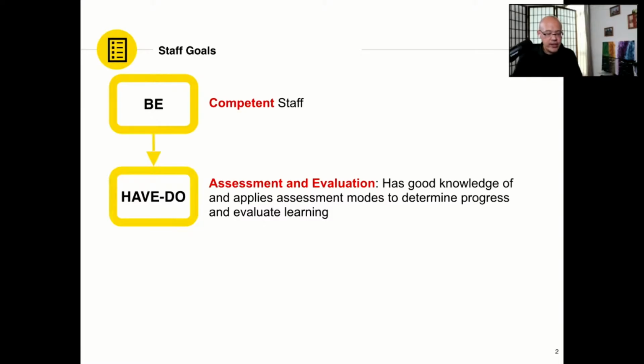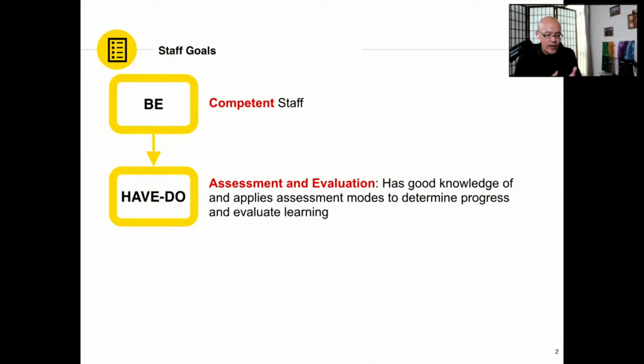And this is where we can say, a competent staff must have knowledge and skills in the area of assessment and evaluation. And if that is not enough, you then go ahead and describe what it looks like when they are competent and they have those knowledge and skills.